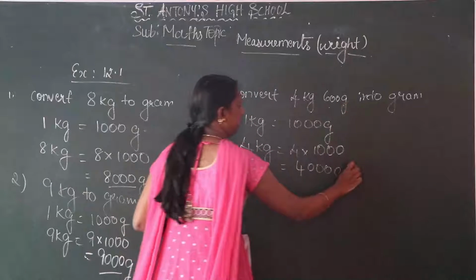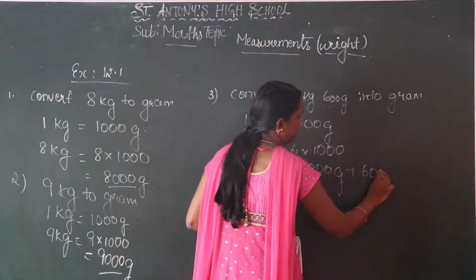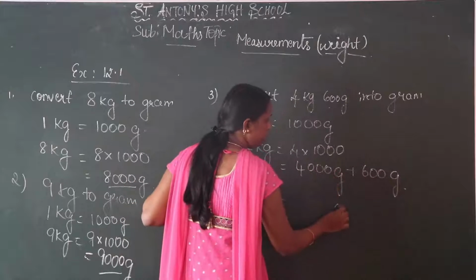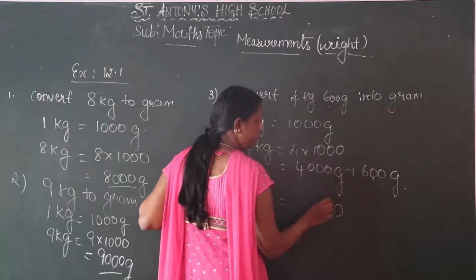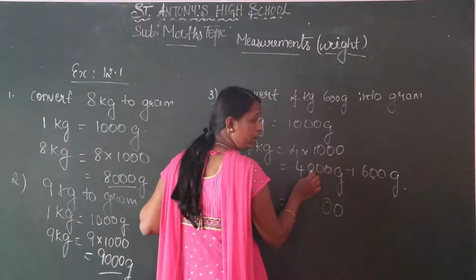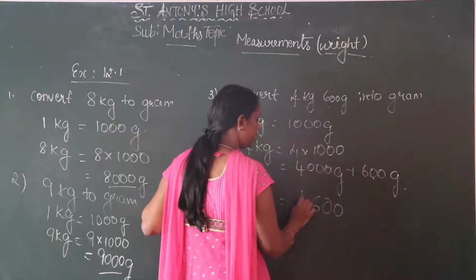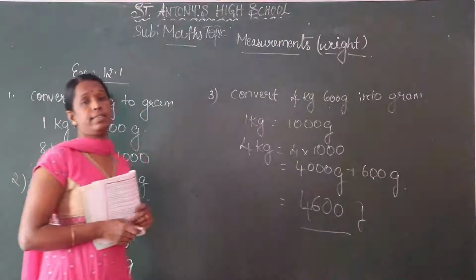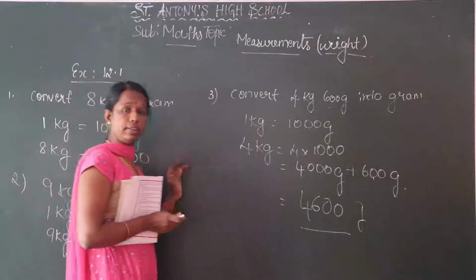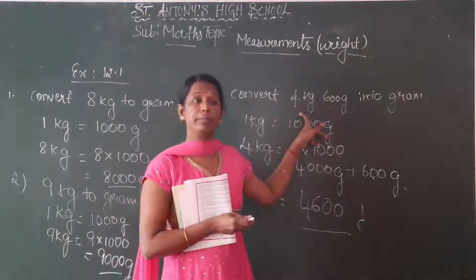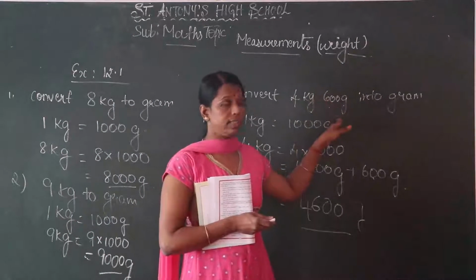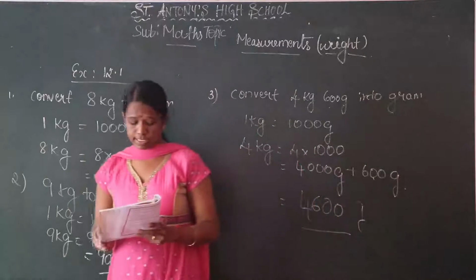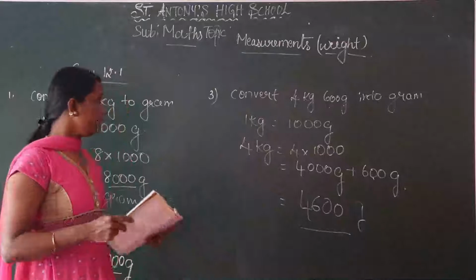And add this one plus 600 grams. 0 plus 0, 0, 0 plus 0, 0, 6 plus 0, 6, 4 as it is. Answer is 4600 grams. First we have to convert this kg into grams. After that add the answer to this 600 grams. You get 4600 grams. Clear?